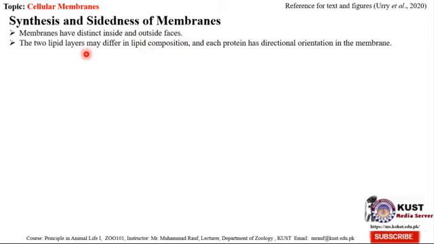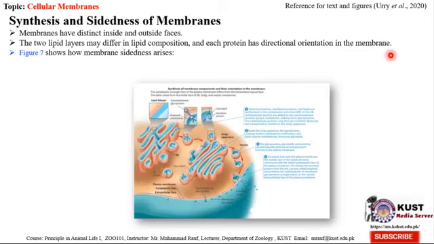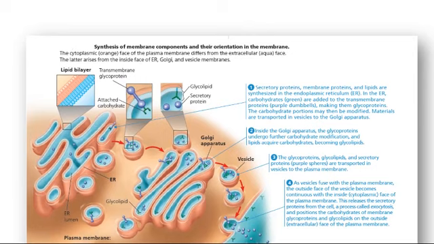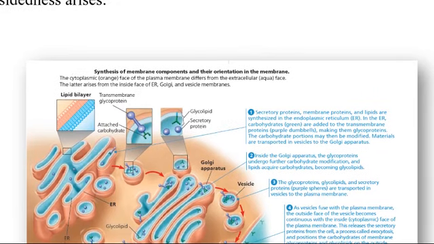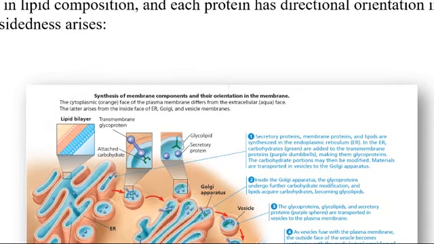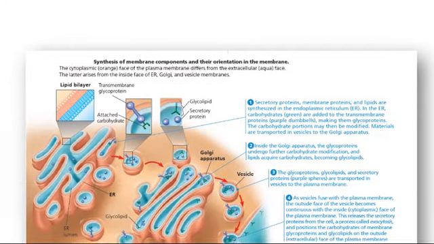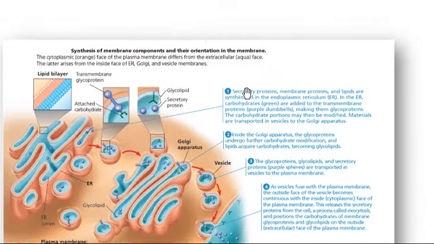The two lipid layers may differ in lipid composition, and each protein has a directional orientation in the membrane. So in this diagram you will come to know how these membranes are synthesized and how they are supplied with the substances which are important for the function they perform.